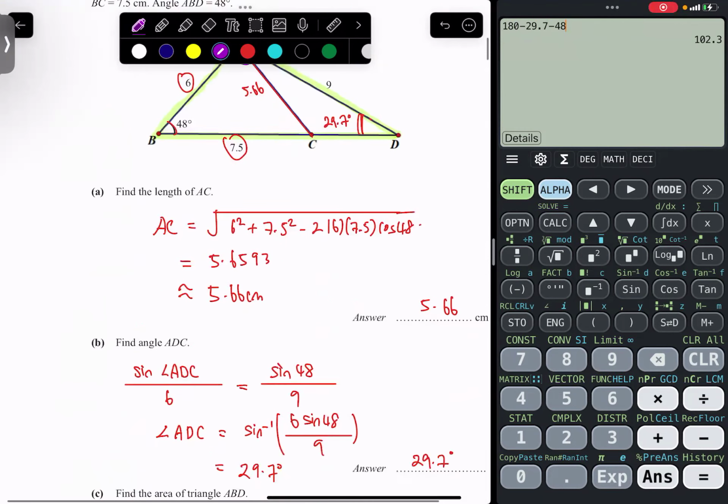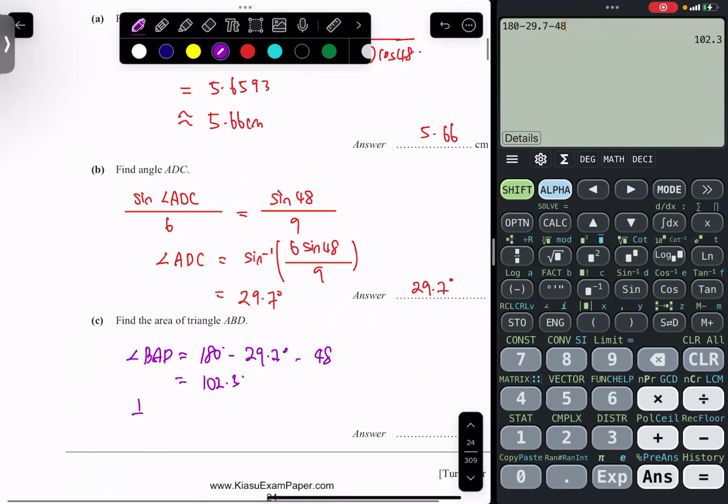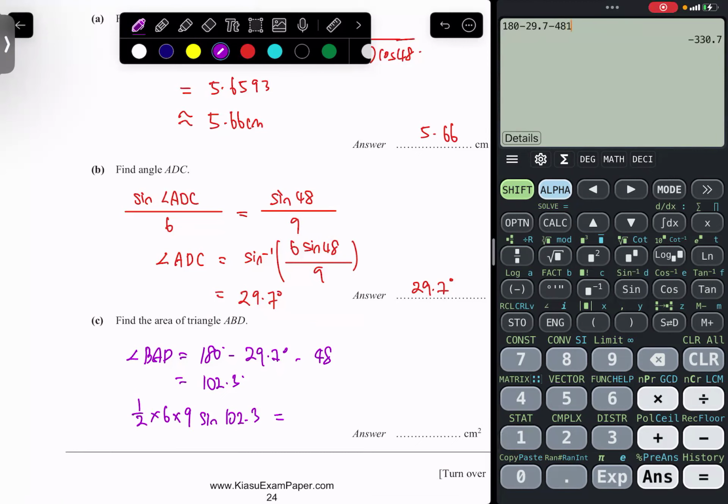So area of triangle is half AB sine C. Half times 6 times 9 times sine 102.3 equals 26.4 cm squared, to 3 s.f.